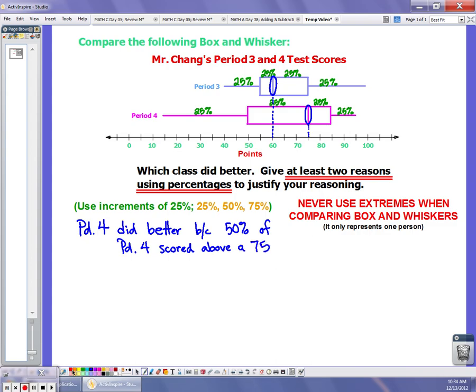Whereas, and I'm writing down this transition word, whereas, because I'm doing a comparison, 50% of period 3 only scored a 60 or above.